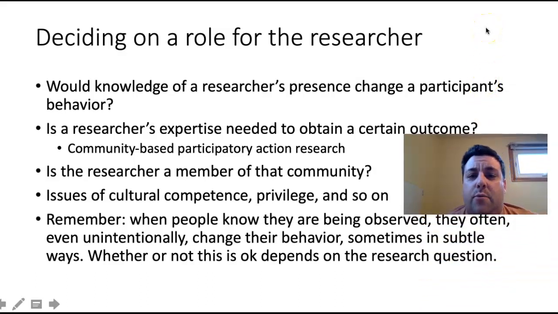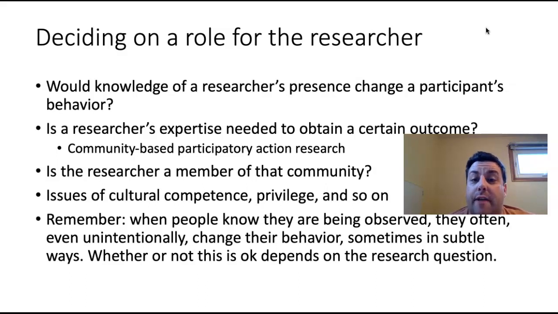So how do you decide which role is right for the researcher? Well, you start by asking yourself if knowledge of the researcher's presence would change the participant's behavior, and if so, would that change be problematic or not?